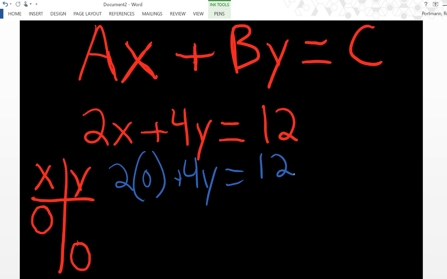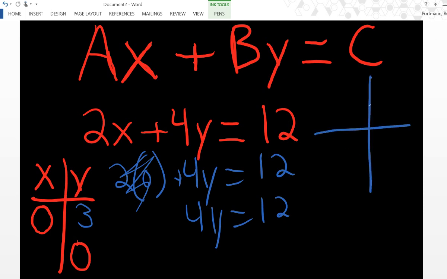We just put the 0 in for x right here. So we got 2 times 0, and 2 times 0 is 0. That cancels out. So now we have 4y equals 12. Which number multiplied by 4 gives you 12? Yeah, it's a 3. Your first ordered pair is (0, 3). (0, 3) is right here.